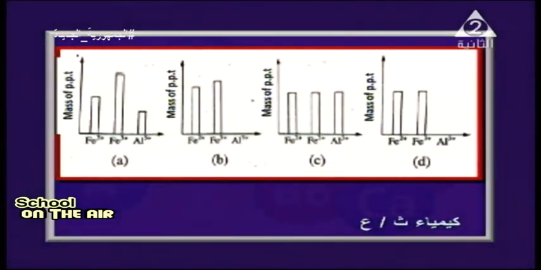If you look at this graph, my dear student, we know that the only precipitate that will dissolve in excess will be aluminium. So we have to choose from the choices B or D. But we know that iron 2 hydroxide has a smaller mass than iron 3 hydroxide. So the answer here will be graph B, as shown on the screen.